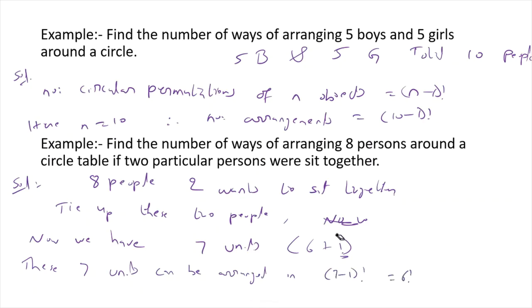But this 1 unit consisting of 2 people can be arranged in 2 factorial ways.